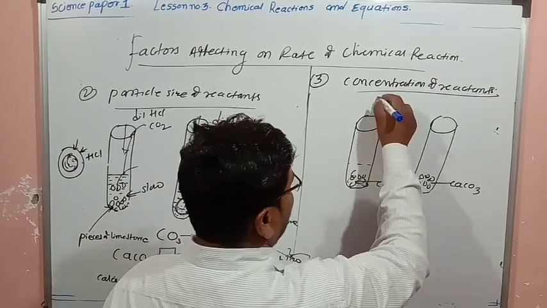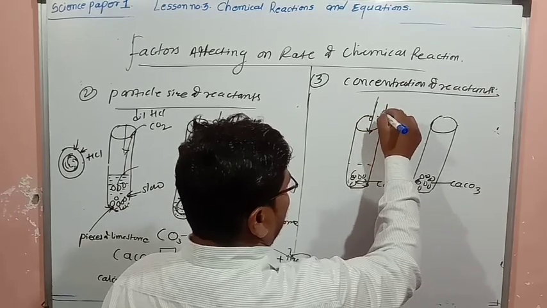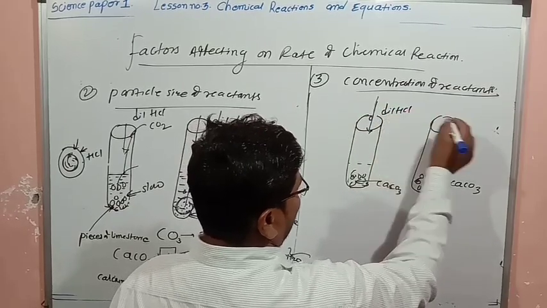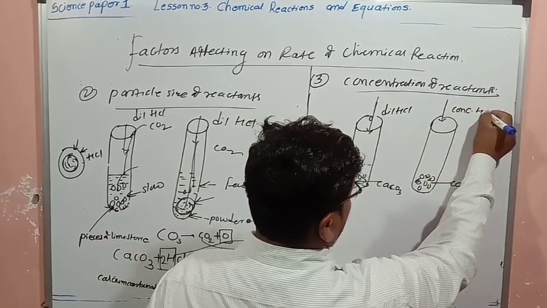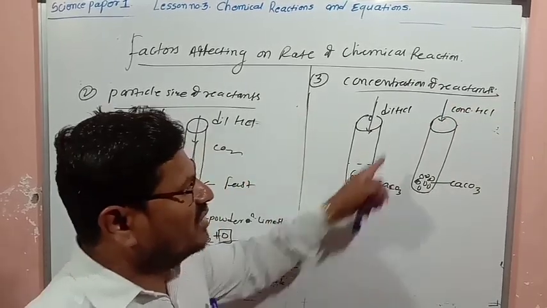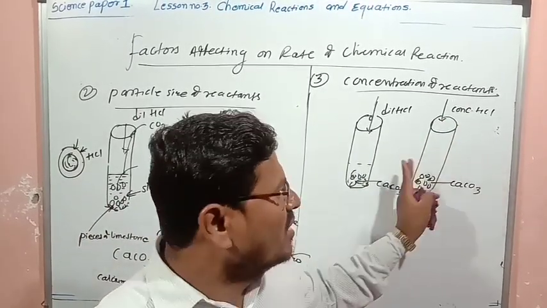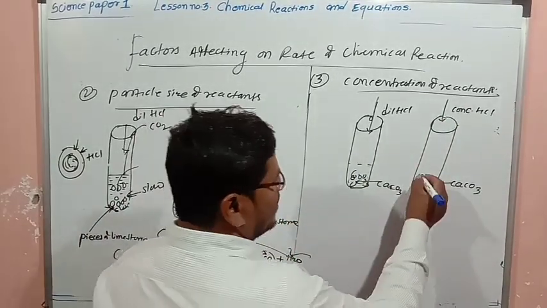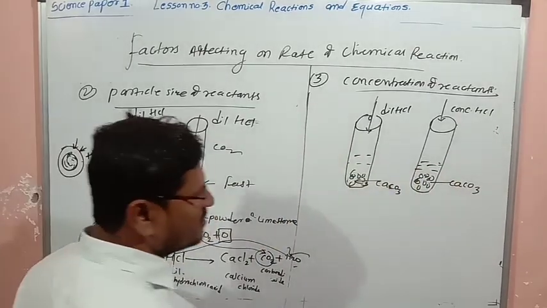In the first one you have to add dilute HCl, and in the other you have to add concentrated HCl. When you add dilute HCl and concentrated HCl, a difference will be there, and the same chemical reaction will occur.